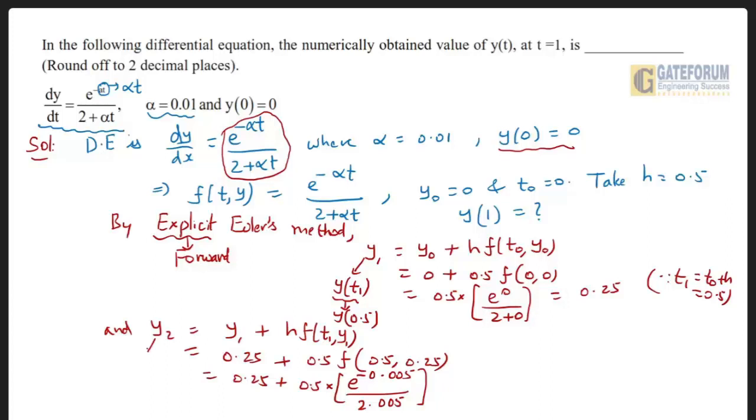So this simplifies to y2, meaning y of t2, since t2 value means t1 plus h, which simplifies to 1.